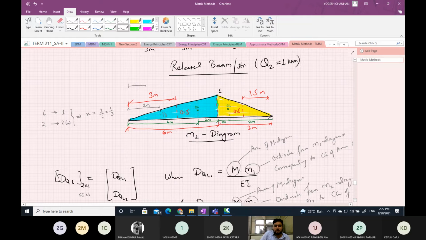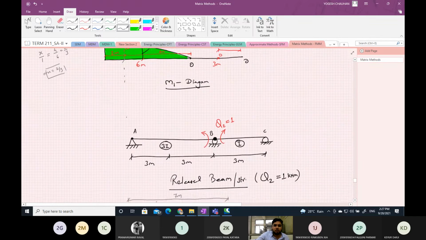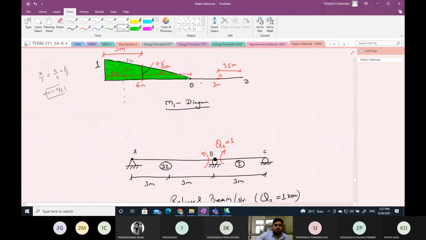So this distance will be 7 meter and this distance is 4 meter. Okay, so you have to take the corresponding ordinate in M1 diagram. So corresponding to 4 meter, you have to find the ordinate at 4 meter.